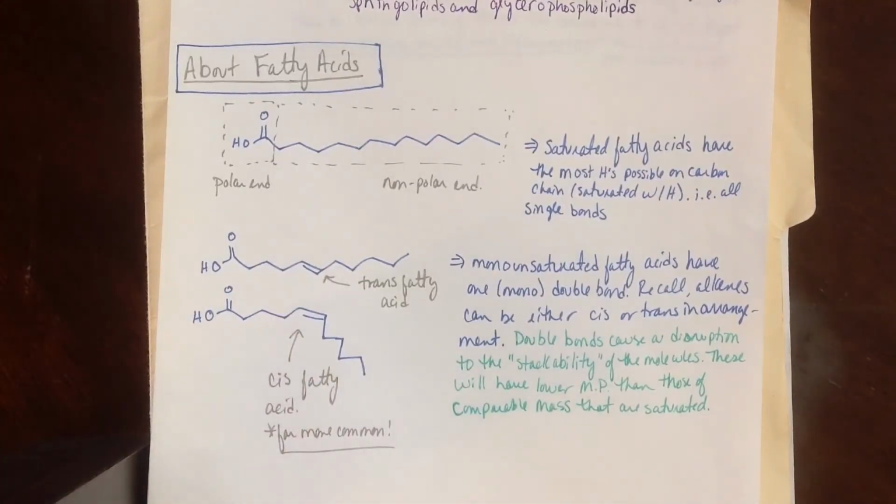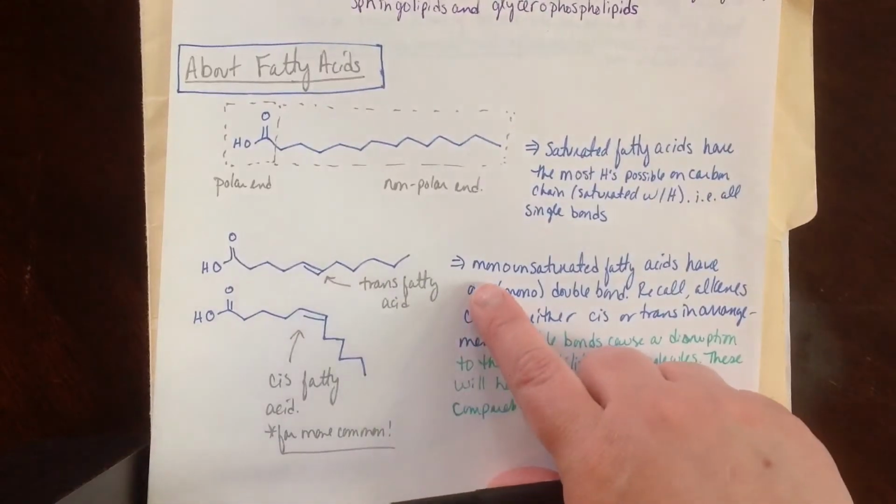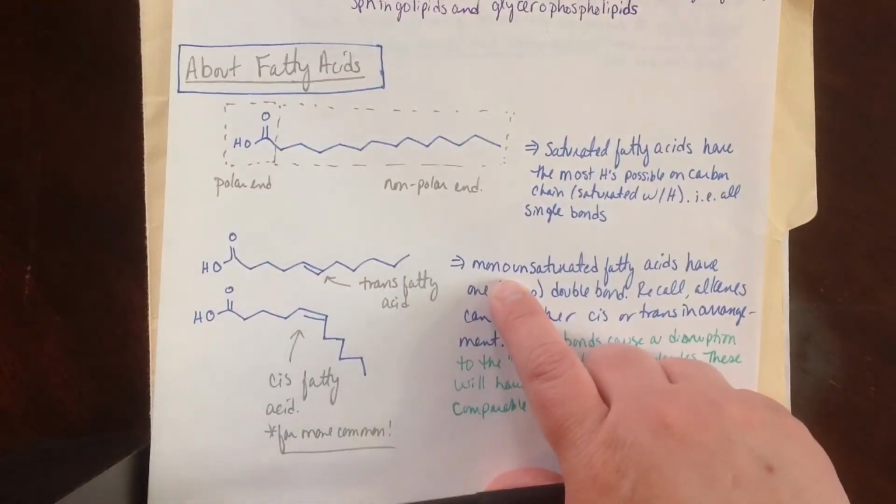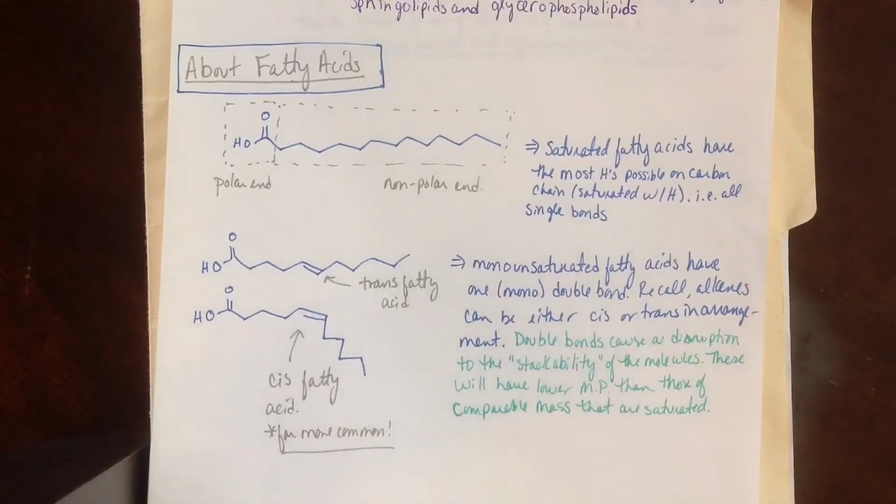Now each of these have one double bond. So we refer to them as mono, in other words one, unsaturated fatty acids. So these can have either a cis or a trans arrangement. You've heard of trans fats being bad, right? Well, that's partially because these are nice, really long molecules, and as they go through your arteries, they can get stuck. And so that's a little bit of a bad thing.